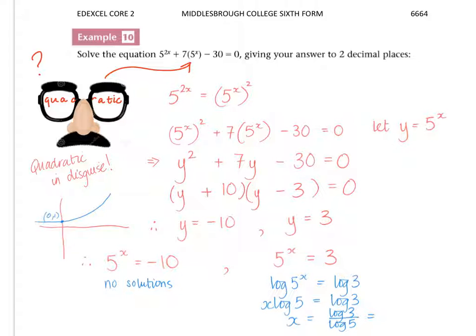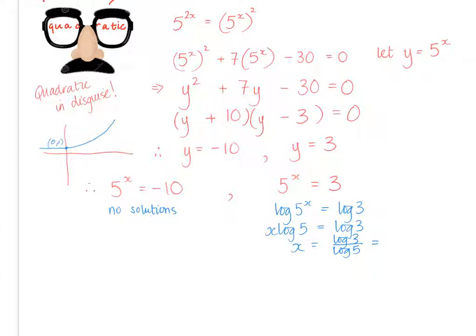Write the full display. And the full display is 0.6826061 and so on. And we want an answer to 2 decimal places, so it's going to be 0.68.